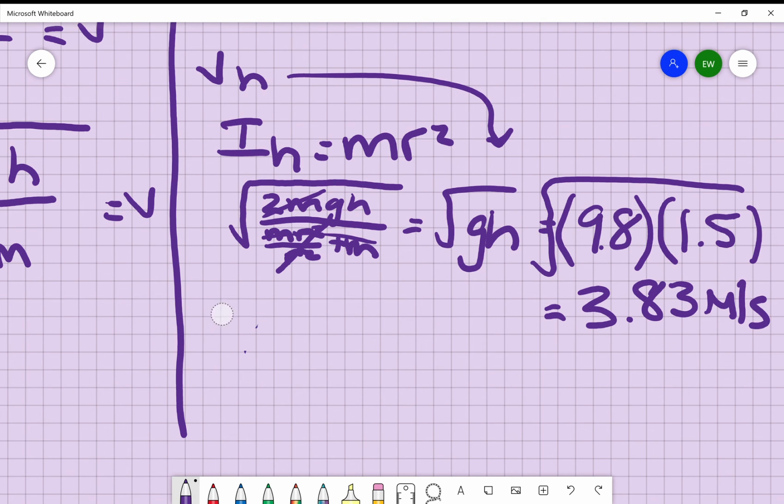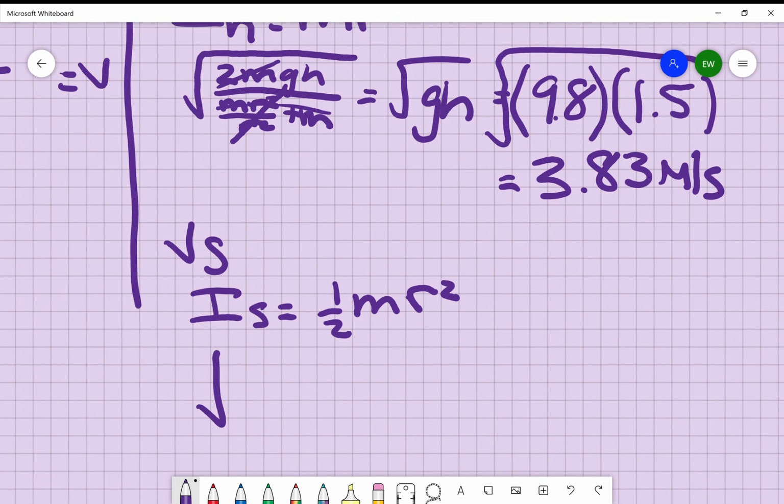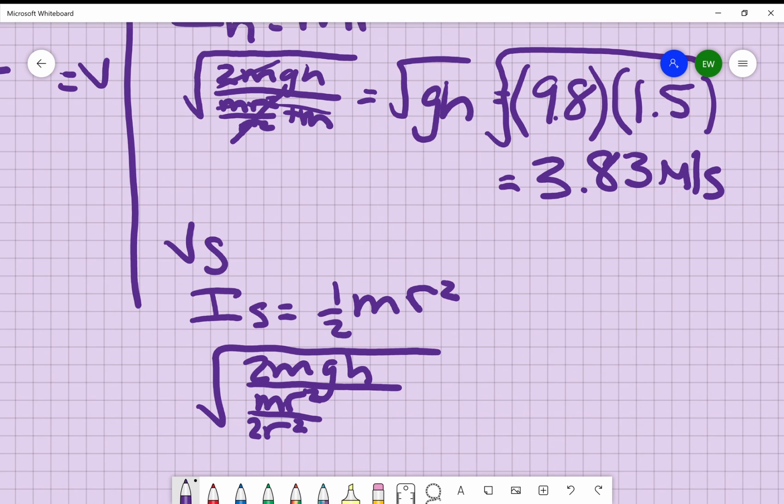Neat. Now let's do the same thing for the solid cylinder. The inertia for the solid cylinder is 1/2 m r squared. So we're going to make the same determination. The square root of 2mgh from the original equation. Instead of I, now we have m r squared all over r squared, but then with a 2 here, plus m. Because of that 2, these r squareds still cancel.